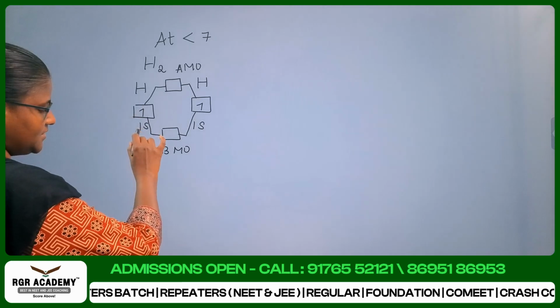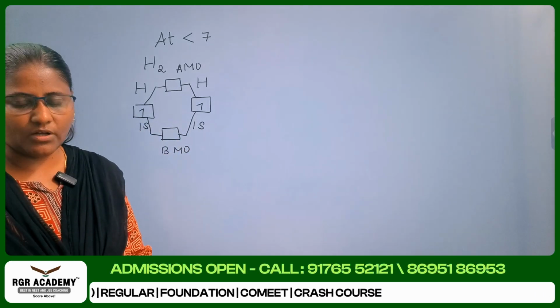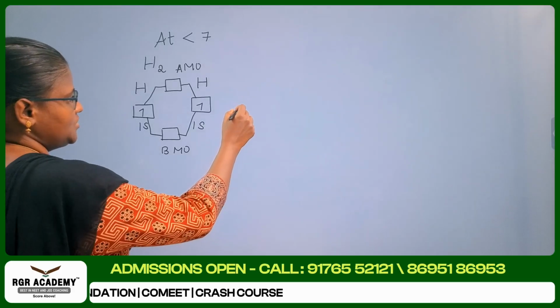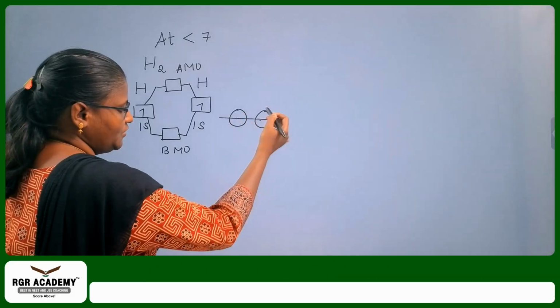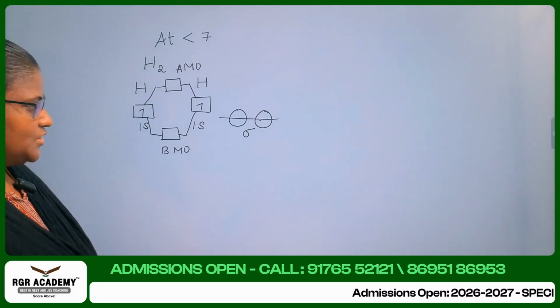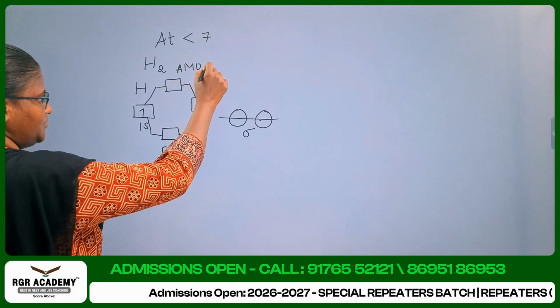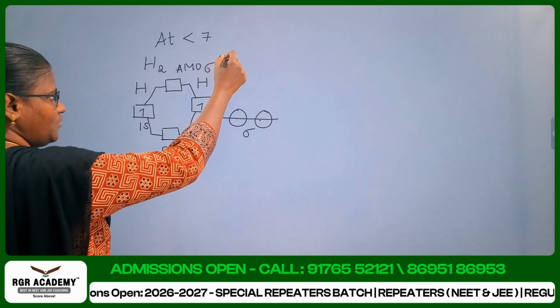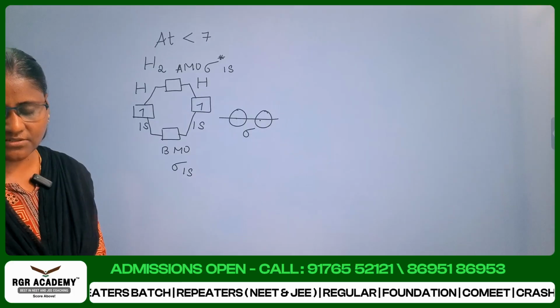Since this is 1s, the shape of the orbital is spherical, right? So the overlapping will be along the nuclear axis, and this can form only a sigma bond. So this is said to be sigma 1s, and this is sigma asterisk 1s. Antibonding orbitals are represented by giving the symbol asterisk.